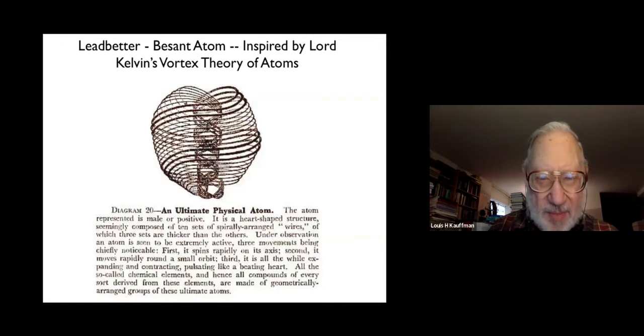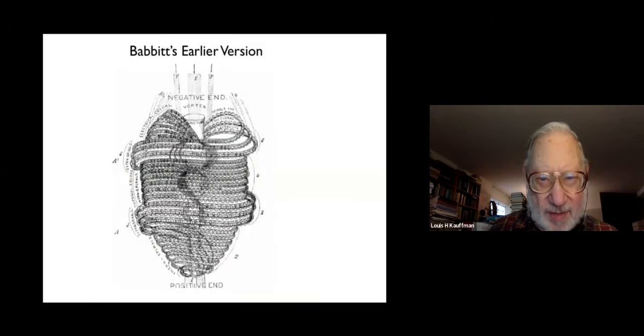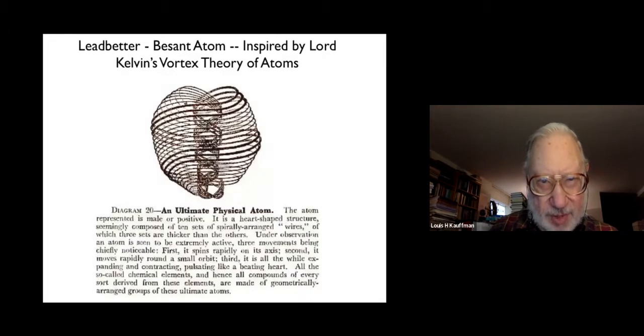And there were other people writing at the time. This is just a little historical digression. There were other people writing at the time who festooned these kinds of pictures with many decorations. It would seem that Mr. Babbitt actually is the origin of this picture, which was simplified by Ledbetter and Besant.